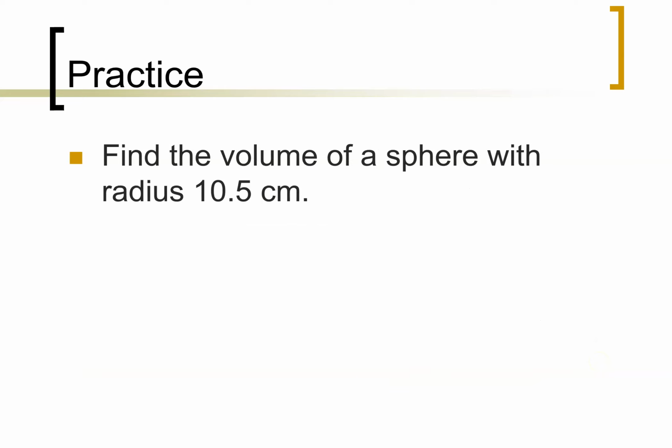Okay, calculate the volume of this sphere. It has a radius of 10.5 centimeters. Pause the video, give it a try. The volume of a sphere formula is 4/3 pi r cubed. Remember, only r is cubed. 10.5 is cubed, multiplied by pi, multiplied by 4/3. This can be done by multiplying by 4 and dividing by 3, or you can use your fraction key.